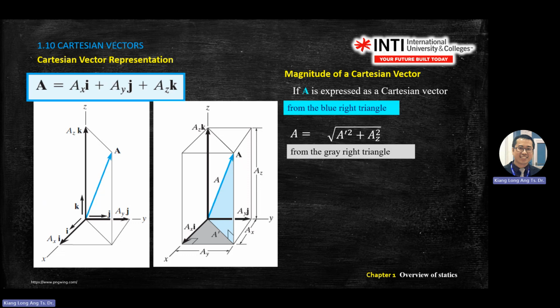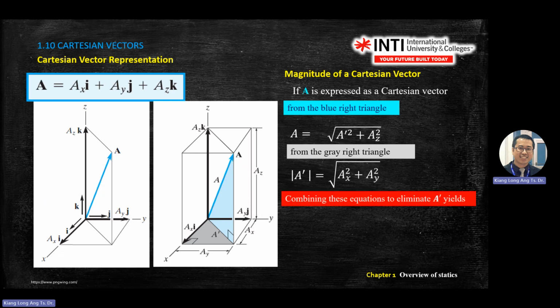Gray, which is the bottom one, this one. Because you split this one into X and Y, so there's a gray color rectangular. So gray color also same. X square plus Y square. Okay, this is C. C equal to this side square plus this side square.